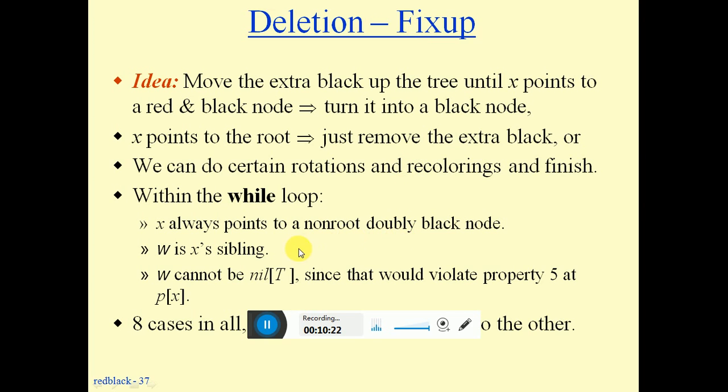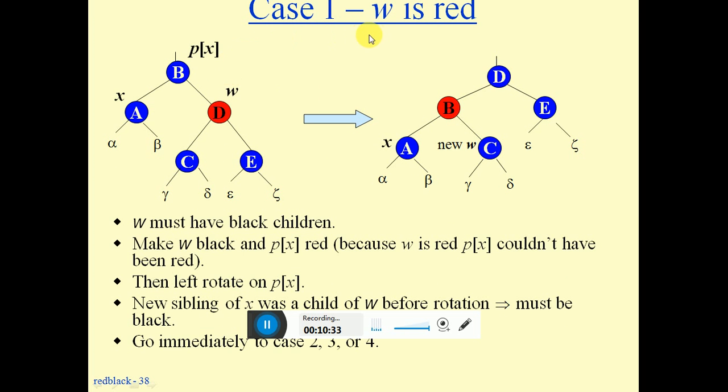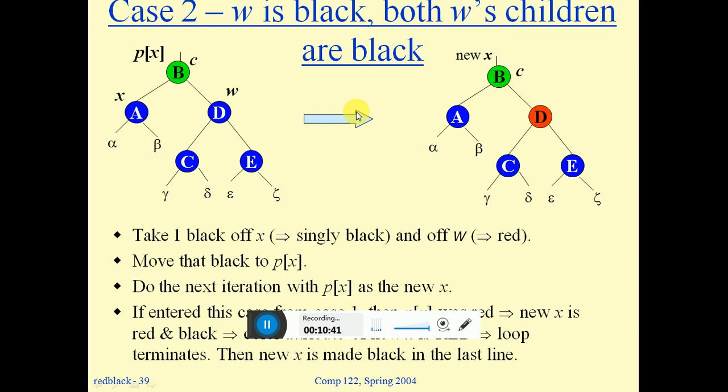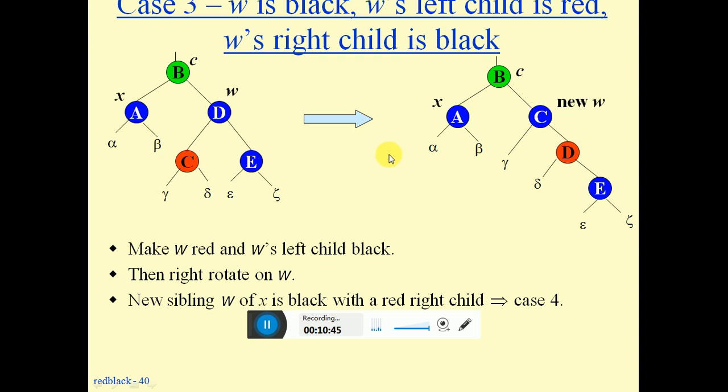Within the while loop, x is a non-root doubly black node and w cannot be nil, since otherwise it would have violated property 5 at p of x. Case 1: w is red. Case 2: w is black and both of w's children are black.